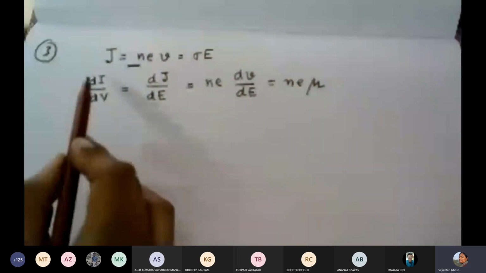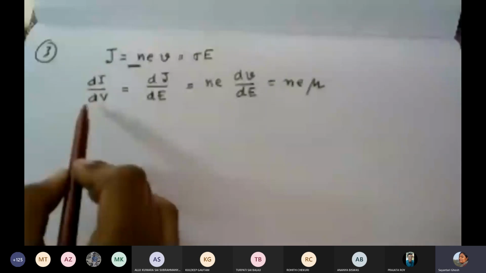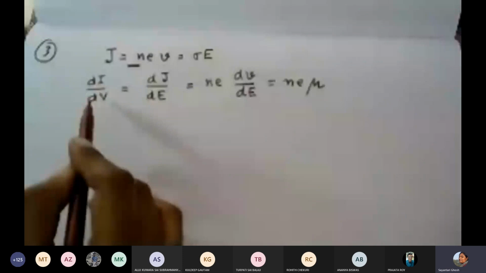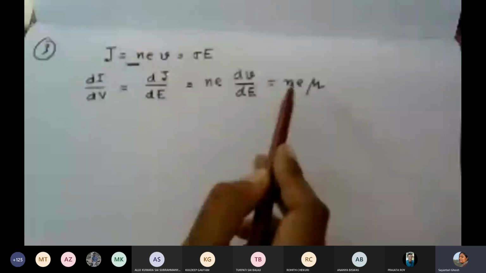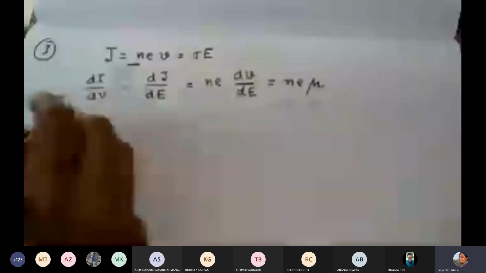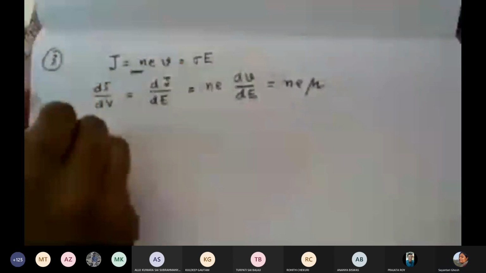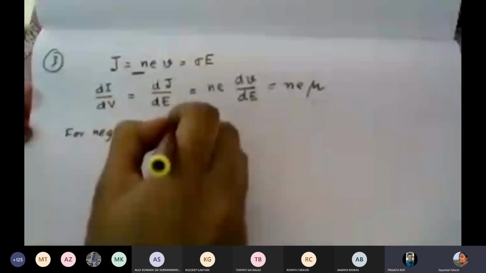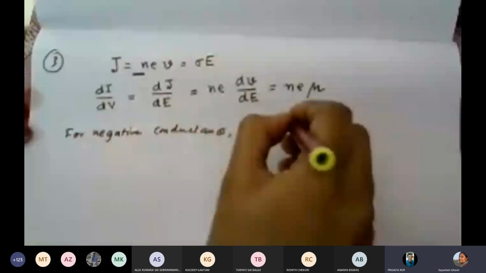Now dI/dV is basically conductivity, meaning it reflects the resistance, right? If I am talking about a device where resistance is negative, then out of N, e and mu, which one is going to be the negative quantity? Just ask yourself: if the conductivity, or 1/R, is equal to N e mu, then which one is going to be negative if I have a negative conductivity?